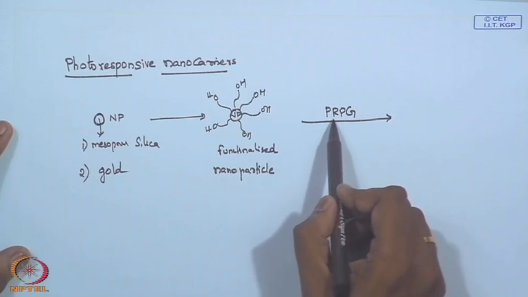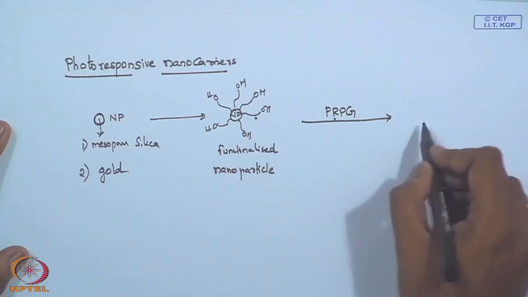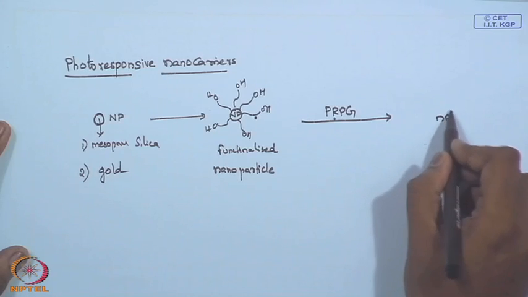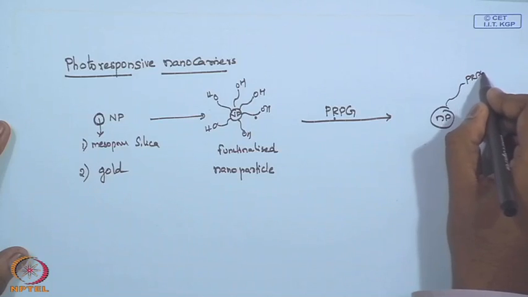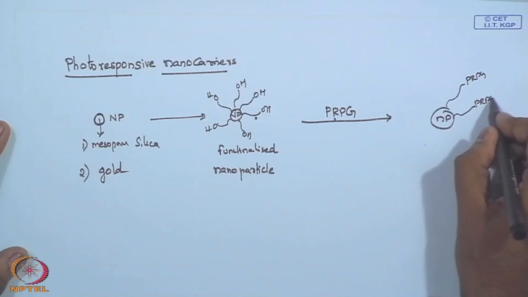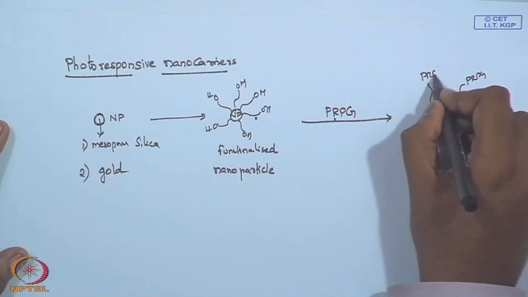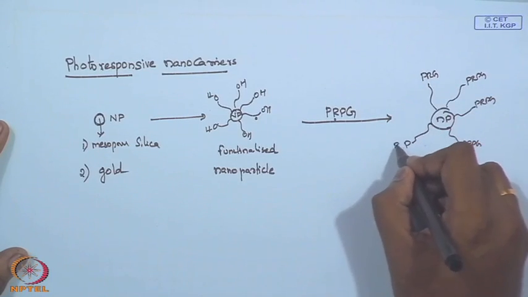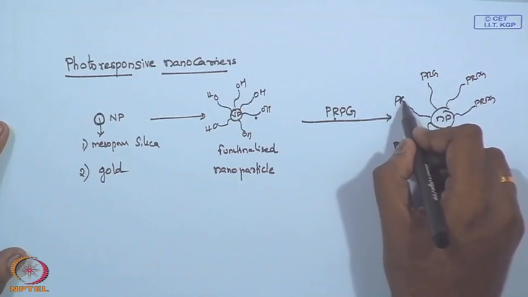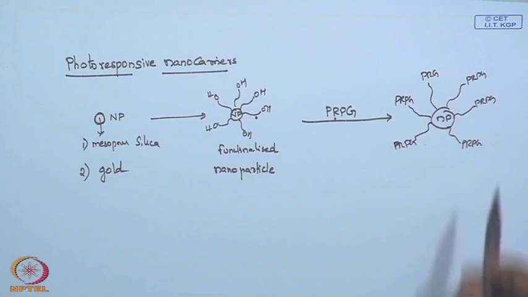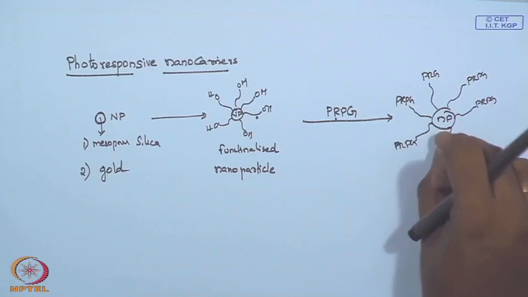But here they take the photoremovable protecting group and attach it to the nanoparticle. So you will have a nanoparticle with a photoremovable protecting group at the end, a system like this. This is called a photoresponsive nanocarrier.